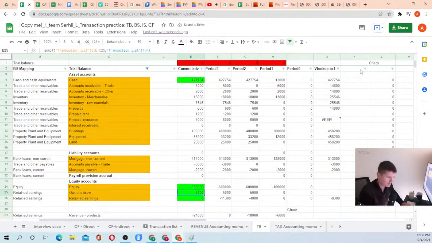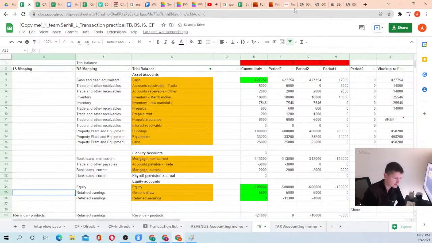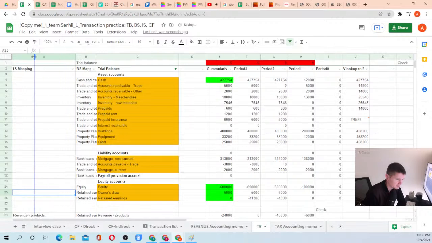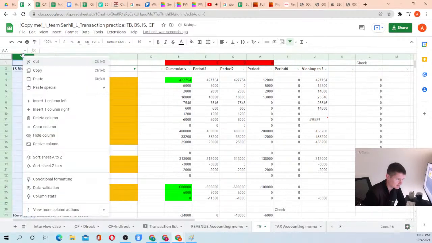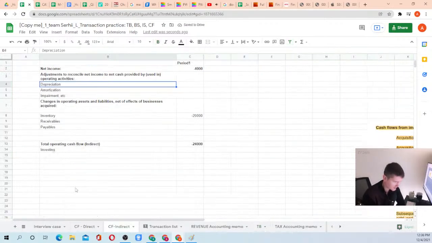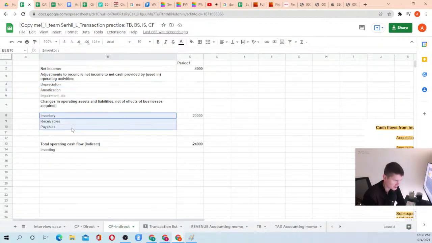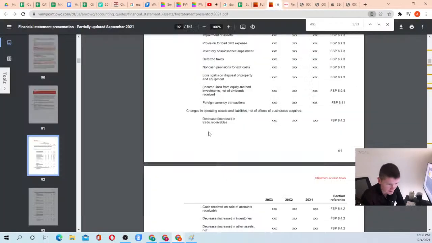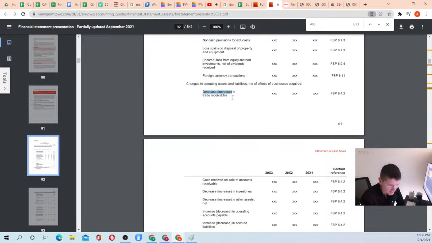Okay, and on that side I had income statement mapping, and let's add cash flow statement. Cash flow. Okay, now let me copy official names for these items. I go to the guidance and I get decrease, increase in trade receivables.